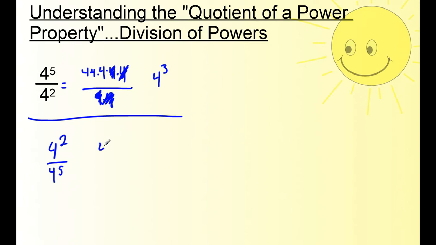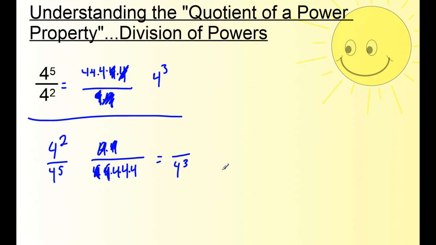If I had 2 4s up here and I had 5 4s down here, 2, 3, 4, 5, and I start canceling these out, you're gone, you're gone. 1 on the top, 1 on the bottom, until I can't cancel anything else out, nothing else on top. So that means what's left over is I have 4 to the 3rd power down here, and what's up top?